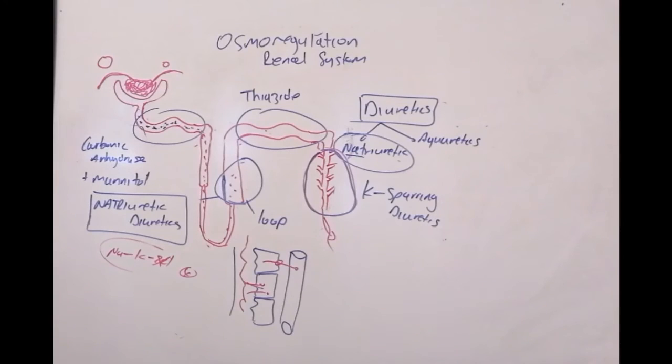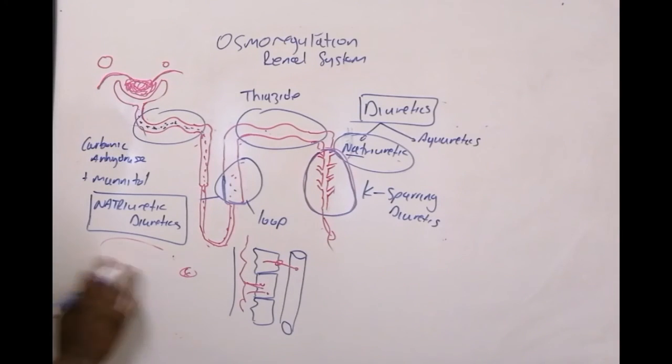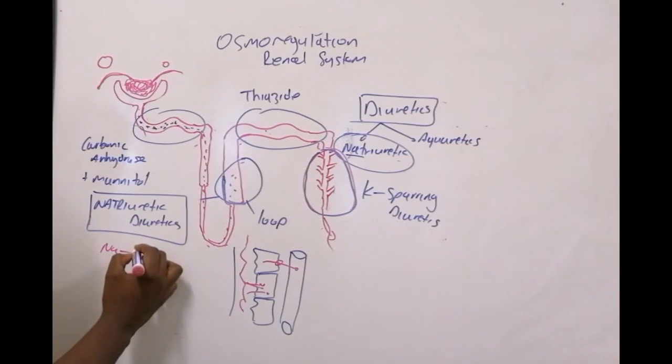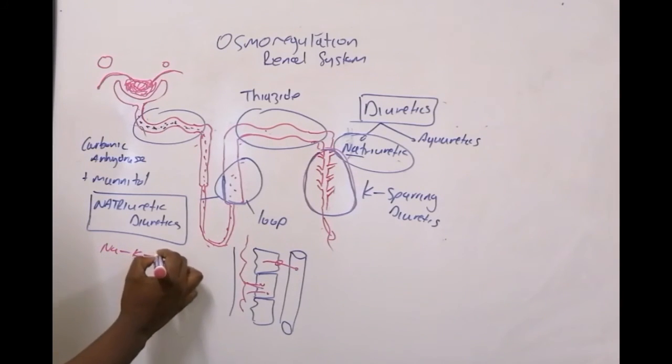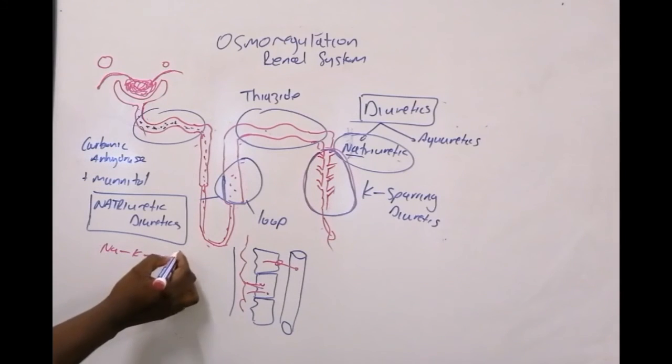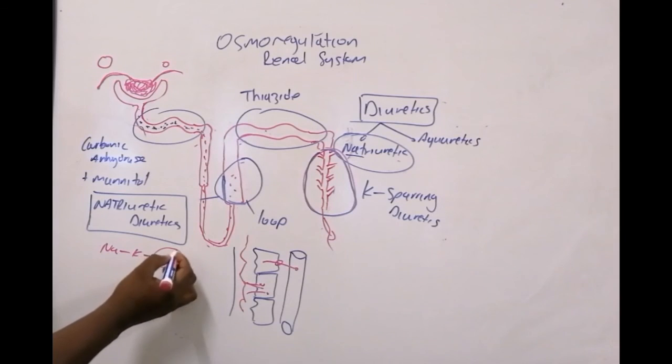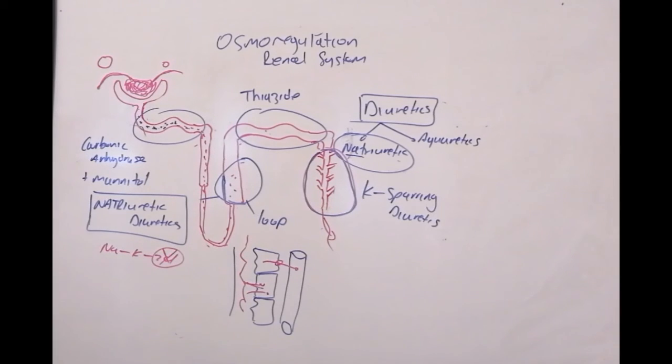So we said that loop diuretics come in and occupy that chloride location. I'm forgetting the proper name for this. Where chloride ions bind, that's where loop diuretics go and bind and make sure that they block the entire channel, just because they are sitting on one position, which is the chloride position.